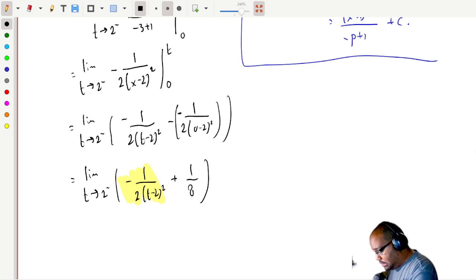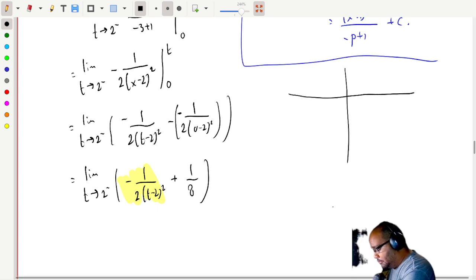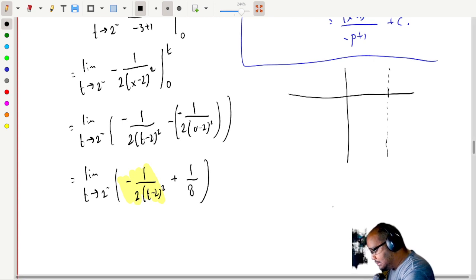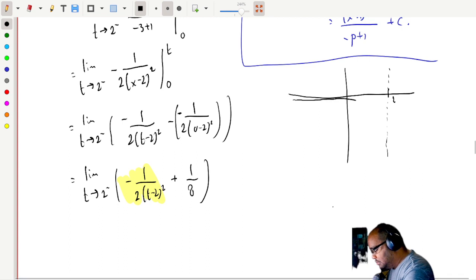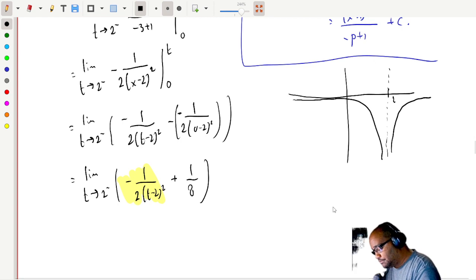If I think about the graph of that function, we have something that probably looks like this. There's 2. If I look at the graph of that function, I get something that looks like that, the volcano shape pointing down. It's going to minus infinity as a whole.